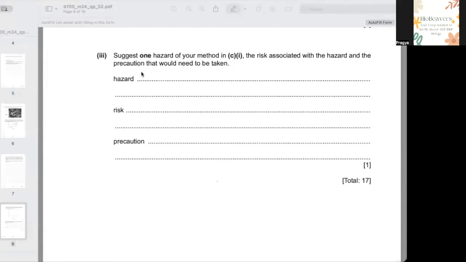We have the knife, or the blade, whichever one you will be using. It can cause an injury, and obviously how are you going to try and avoid all of this? You can use a board to cut, use a board or a tile. Okay, while you are doing the cutting, you can use a board or a tile.